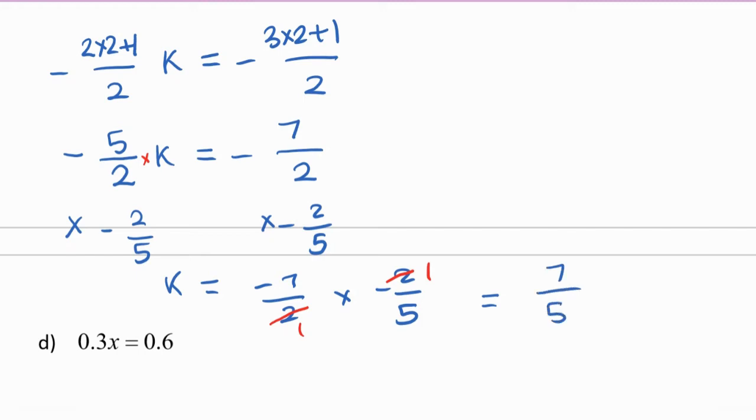Remember everyone, when you have a negative sign and a negative sign, it becomes positive. Positive 7 over 5 is the answer, and if you change this to a mixed number, it becomes 1 and 2 over 5. So this is your final answer.